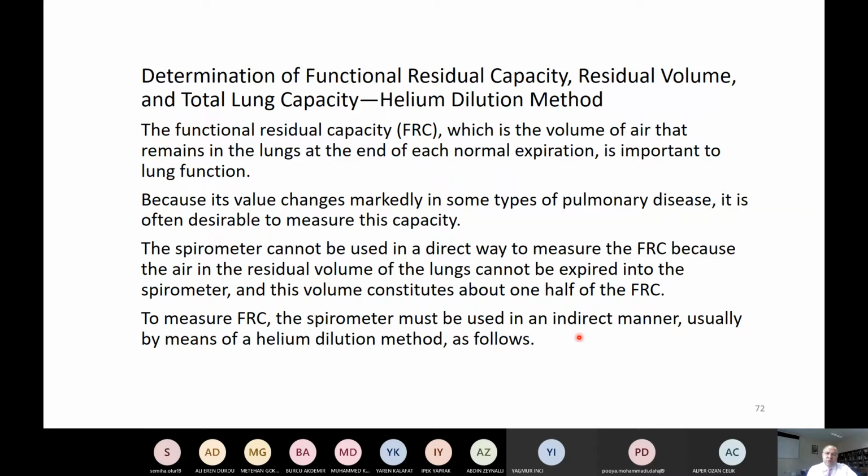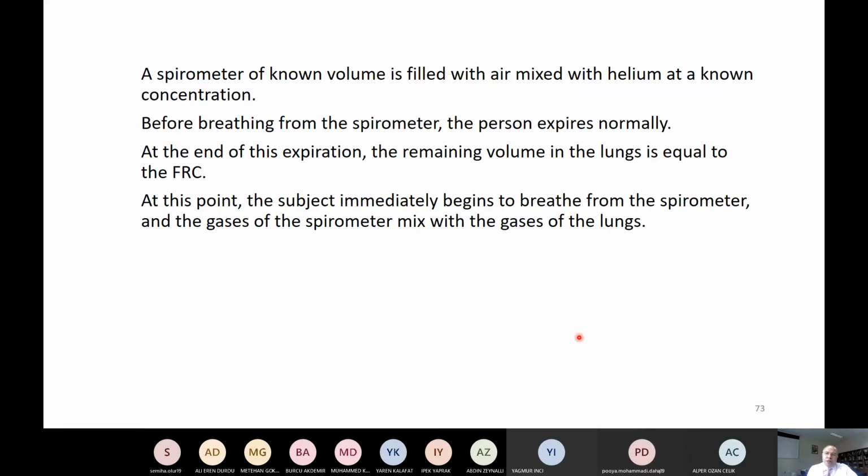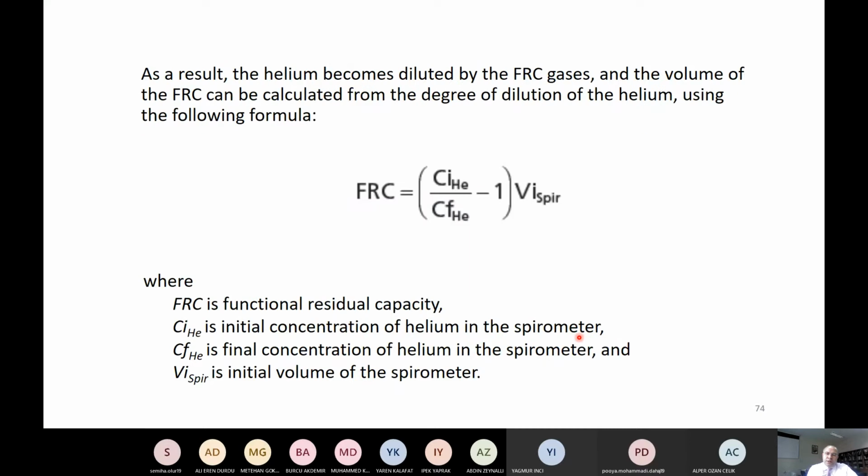We will be able to calculate it. All right, this is the formula. Functional residual capacity can be calculated using a formula.